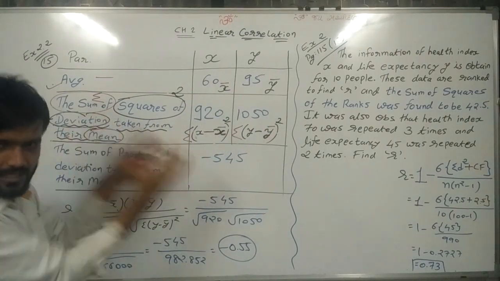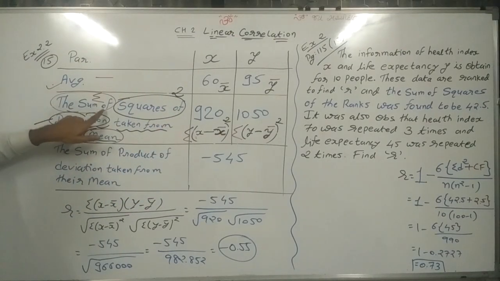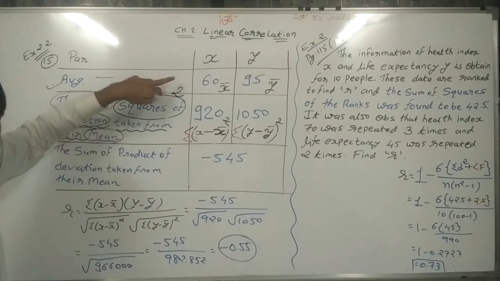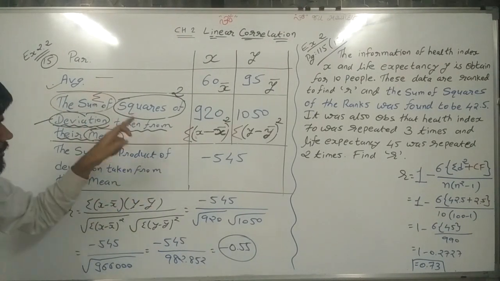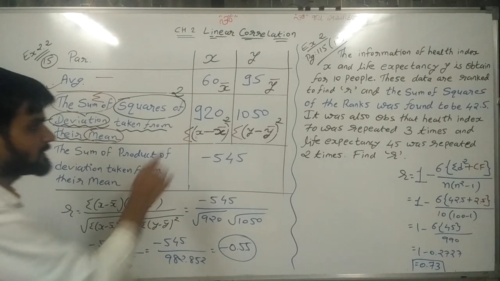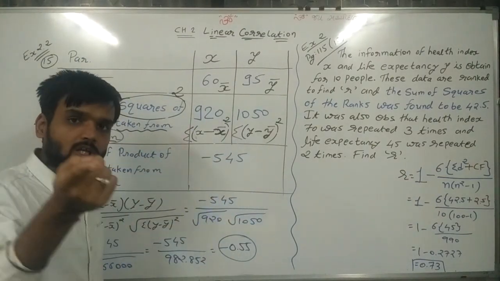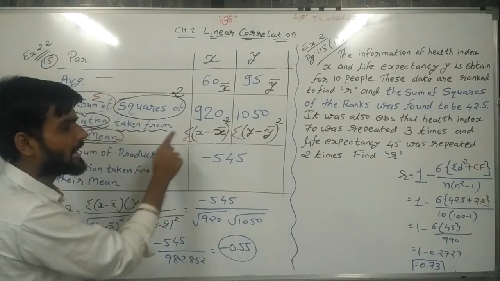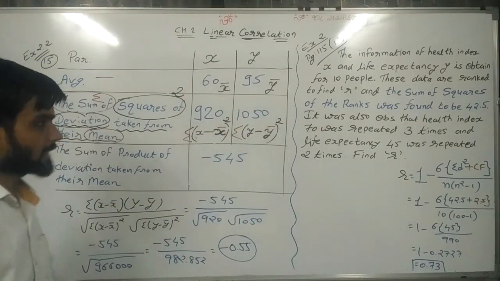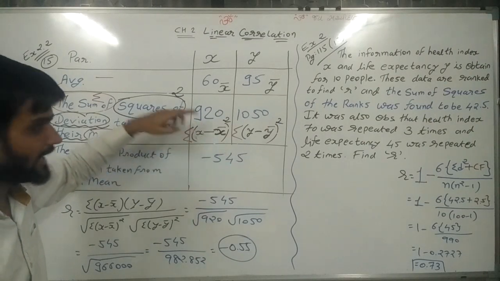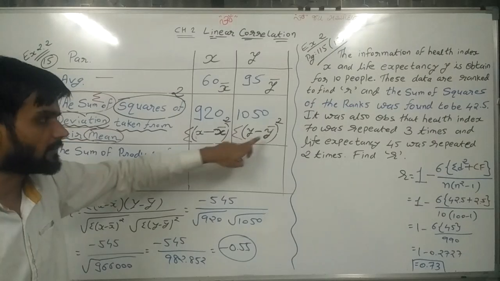But to understand that, we have to understand the statement. The sum of means sigma, square of then square, deviation means minus, deviation from what? From their mean. From their means x minus x bar, y minus y bar, their square. Sum means sigma. Sigma x minus x bar square, sigma y minus y bar square. And that's why 920 means sigma x minus x bar square, and 1050 is sigma y minus y bar square.